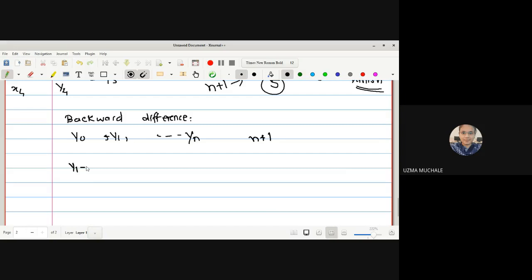And these differences are y1 minus y0, y2 minus y1, and so on. The last is yn minus yn minus 1.